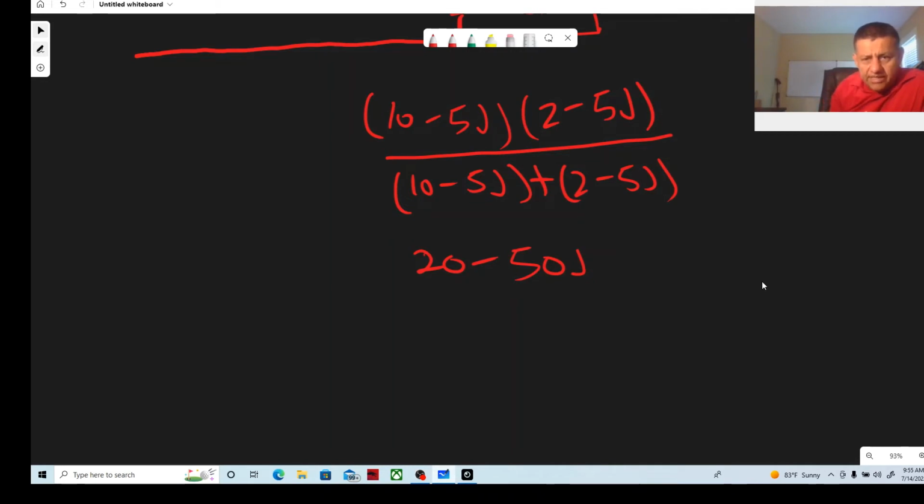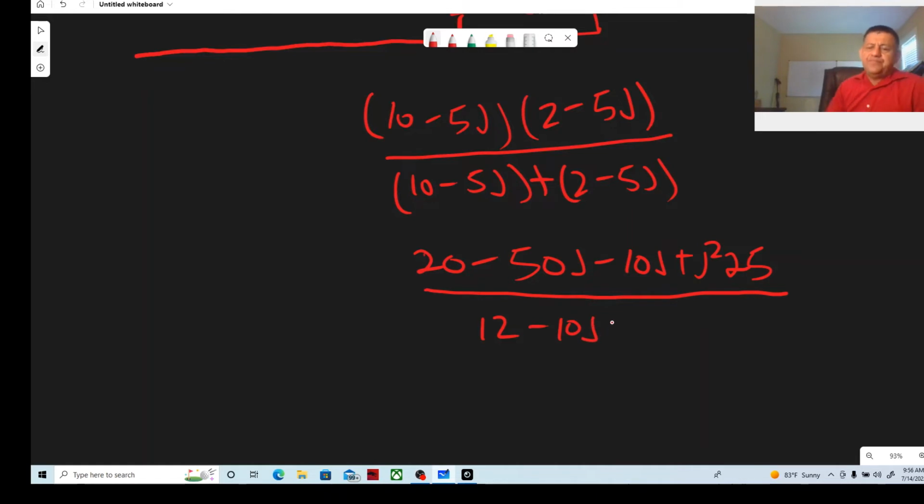So it's going to be negative 10J, actually it's going to be a plus now, plus 25J squared. Okay, so in the bottom I am adding those two, which is going to be 12 minus 10J.